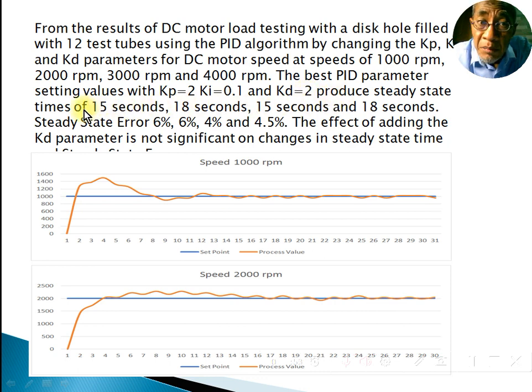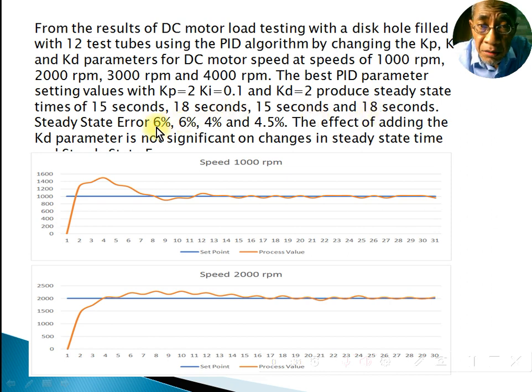This produces a steady state time of 1000 rpm reached in about 15 seconds, then at 2000 rpm the steady state time is about 18 seconds, then 3000 rpm about 15 seconds, and the last, 4000 rpm, about 18 seconds.